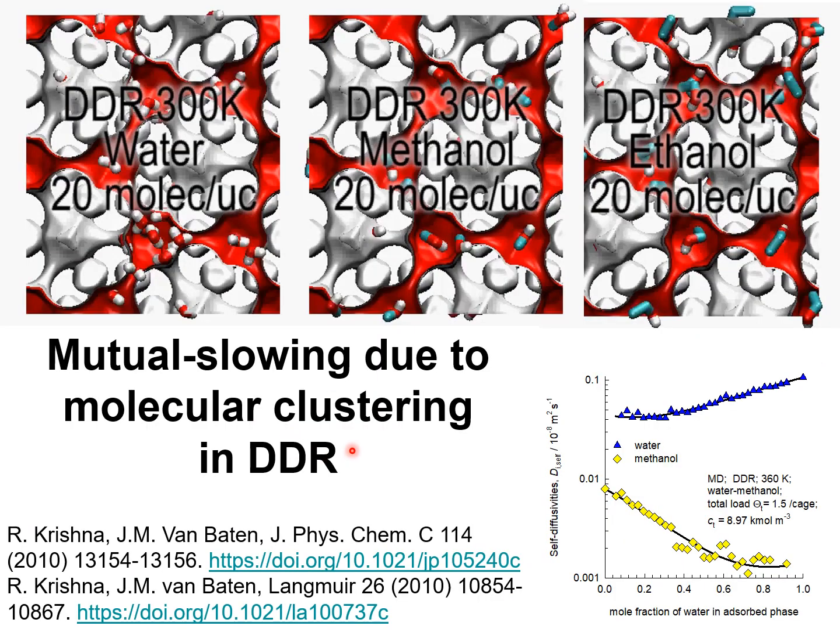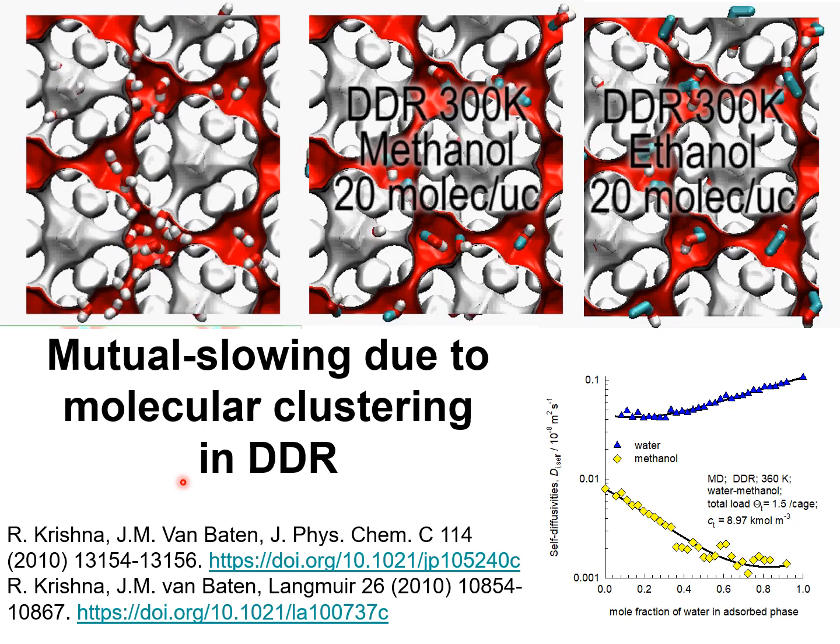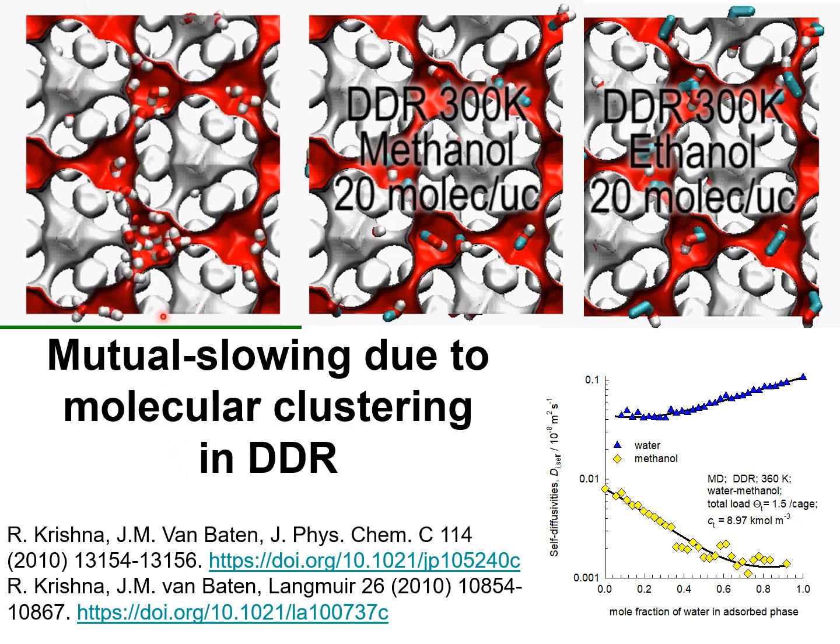Let's examine the influence of molecular clustering on diffusion in DDR zeolite. We first have a look at the animations for water diffusion in DDR. There's some visual evidence of clustering between pairs of water molecules.